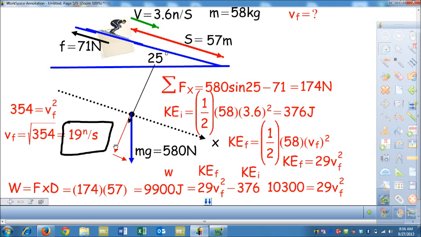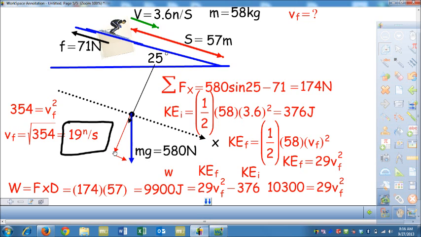It's weird here because I know I said F cosine theta, and here we have an F sine theta. So you really have to look at things to figure out how to find that component. Because we've got our mg coming down, and this is our 25 degrees right in here. So the opposite, which means the sine multiplied by the hypotenuse, the mg, is going to give you the force that is in the direction we want, the component of the force that's going downhill.